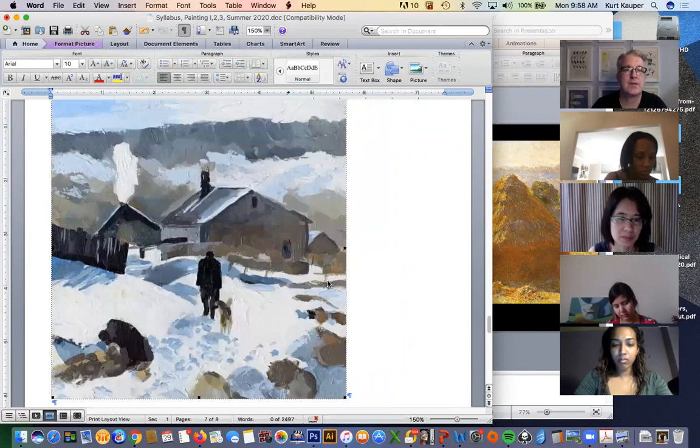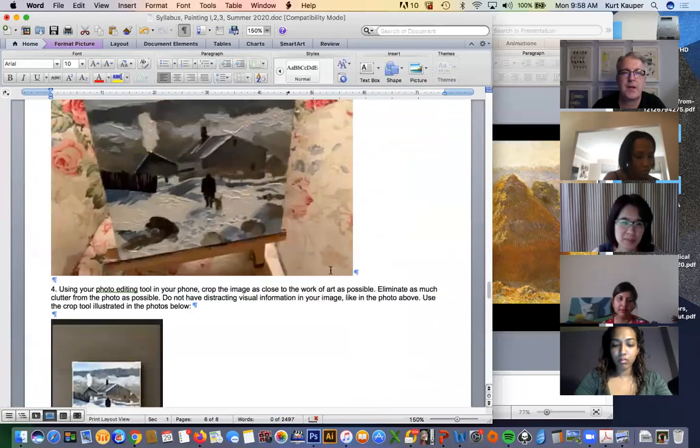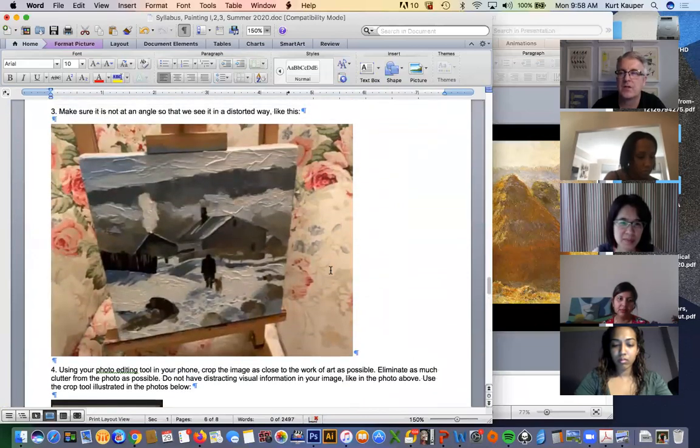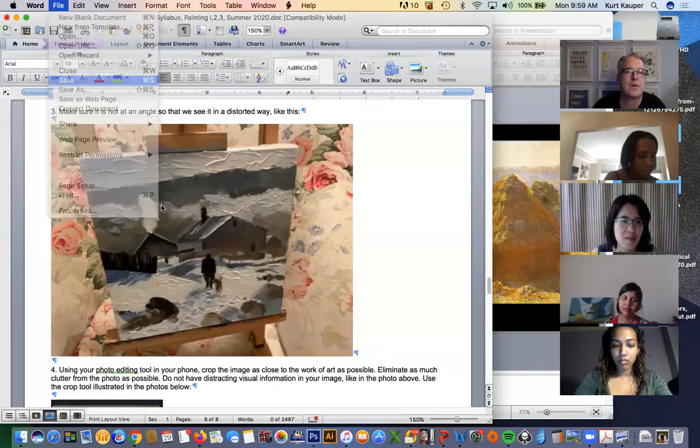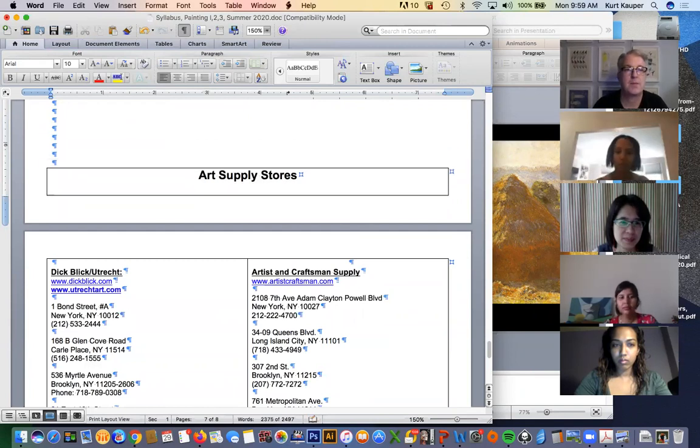I would be able to talk about this painting much more clearly. I'm able to see the colors better. I'm able to see what the artist wanted to do much better than if I'm looking at a painting that's shown to me like this. So you want to figure out how to take an image of your painting that shows off its best characteristics. Give yourself some time to figure that out. Again, I do not think it is difficult. And if anyone has any questions or needs some help on that, I'm happy to give it.